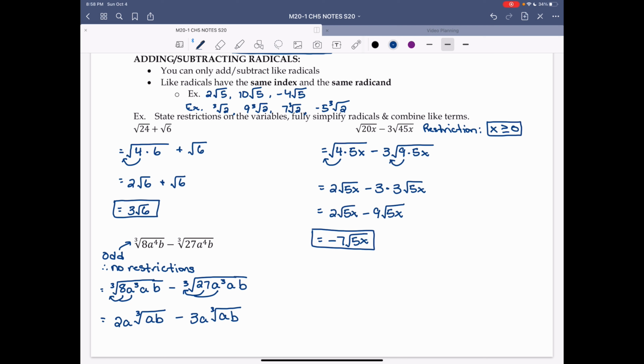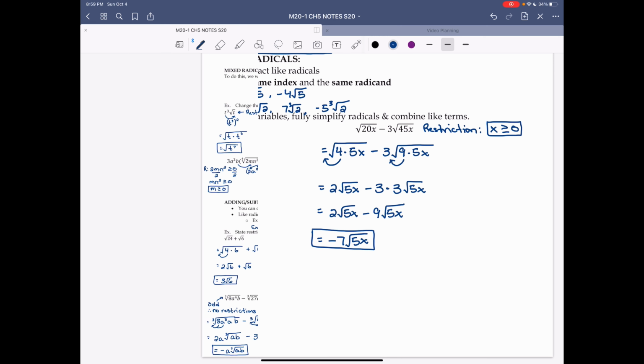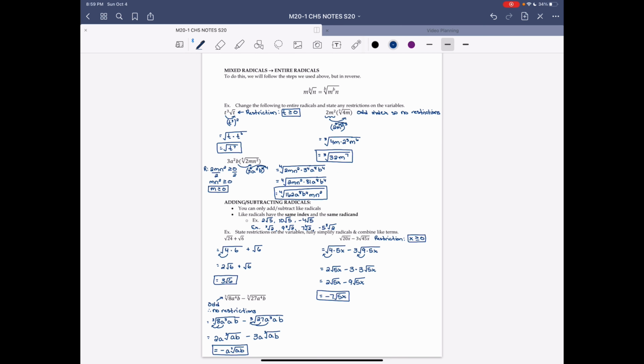These are now like radicals because they both have the cube root of ab, and we can combine them. 2a cube root ab, and then minus 3a cube root ab. We have 2 of something, we take away 3 of something, we then have -1 or -a cube root ab. That brings us to the end of lesson 2 for chapter 5.